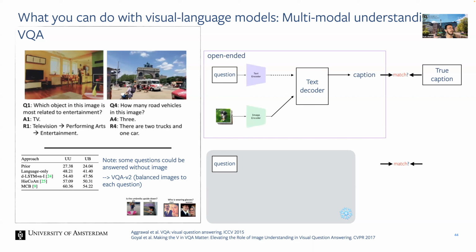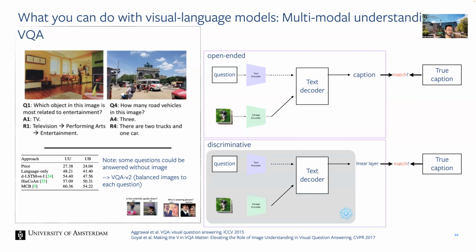All right. So how does this work? How can CoCa, for example, solve VQA? The first way is to do it in an open-ended manner, where you encode both the question and the image, and then you throw it into the text decoder, and then you ask it to provide a text output, and then you compare it to the true text output.